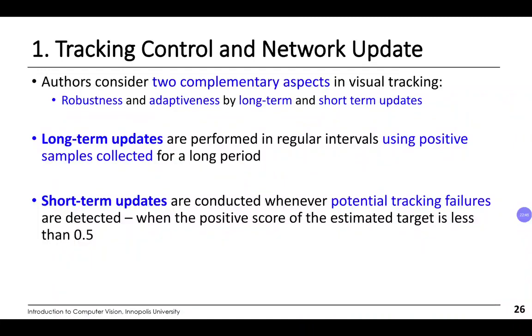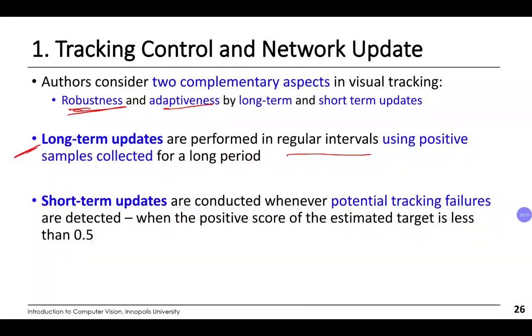Here the authors consider two complementary aspects in visual tracking: robustness and adaptiveness, and they maintain them by long-term and short-term updates. What are long-term updates? Long-term updates are performed at regular intervals using positive samples collected for a long period.